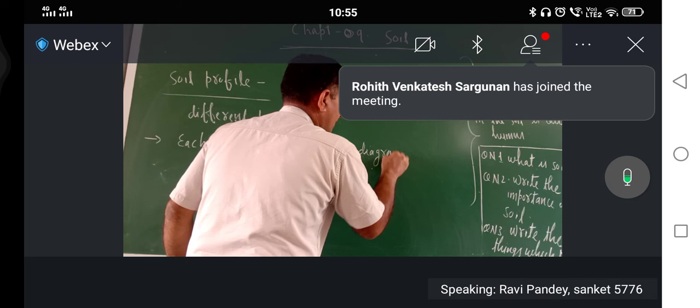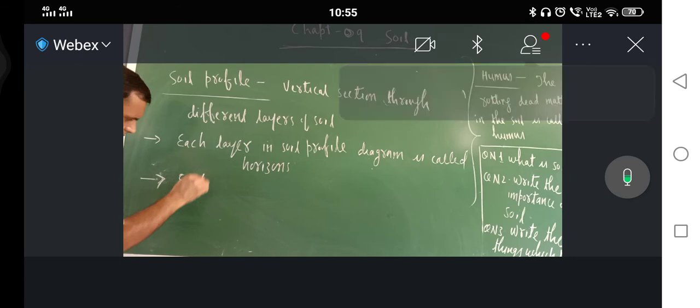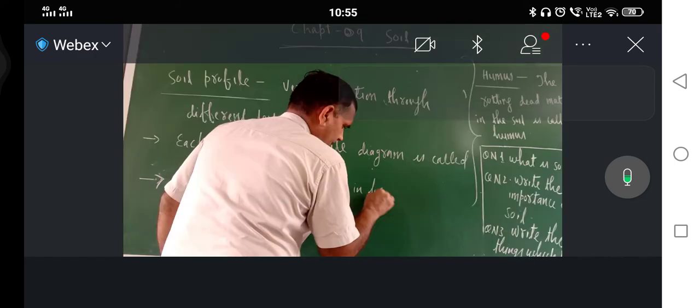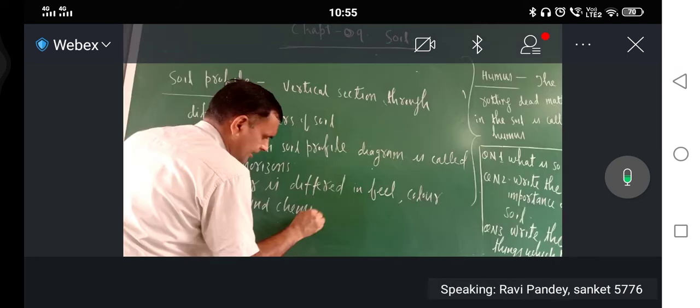Each layer differs in feel, color, and chemical composition. So first you note down this one.